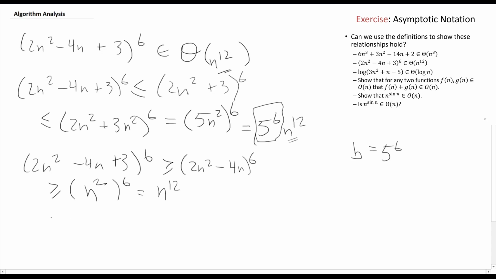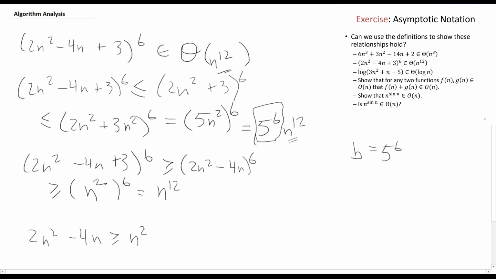Let's write this down. We only have to worry about the stuff on the inside. If we take the 6th root of both of these, we've got the same thing. So I've got my 2n squared minus 4n must be greater than or equal to n squared.